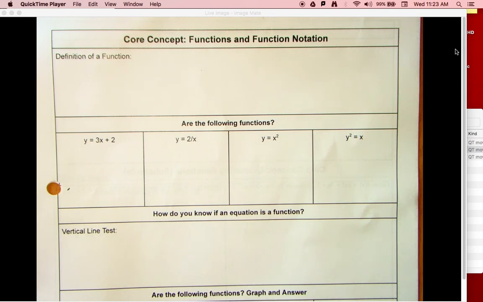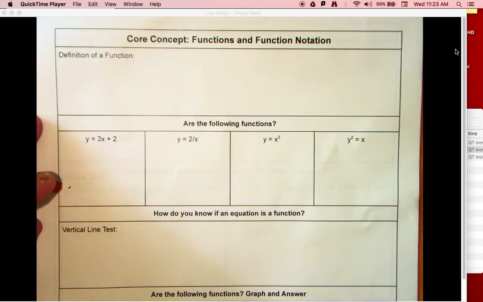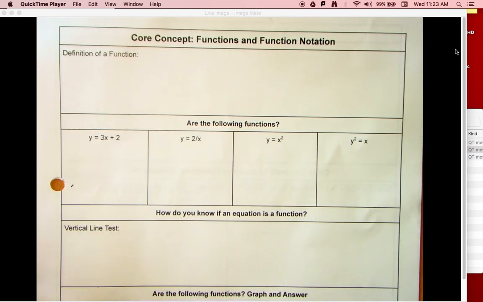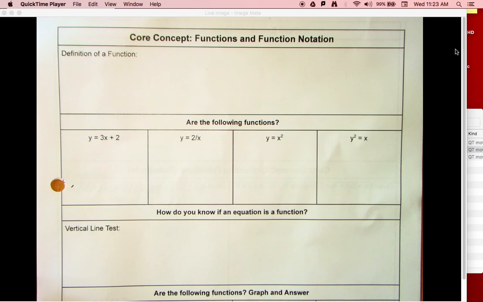Alright, so before we start diving into things in the book, we need to backtrack and learn about some concepts that are assumed that you know. And the reason you guys don't know these things yet is because we're transitioning from the old system to the big ideas. And so if you have a sibling or a friend who's a 9th grader, you may see them running into this sometime this semester or next semester.